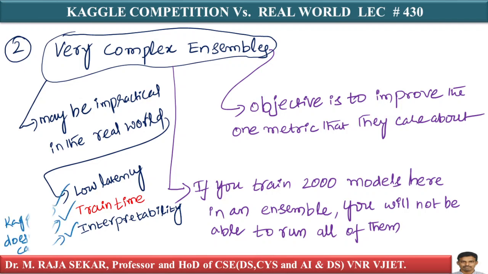So it could happen that some of the solutions you see on Kaggle could be impractical, because in the real world, as a practitioner solving a business problem, you have many other constraints like low latency requirements, training time, and interpretability, which are not given importance in Kaggle competitions. So this is another key difference between the real world and Kaggle.